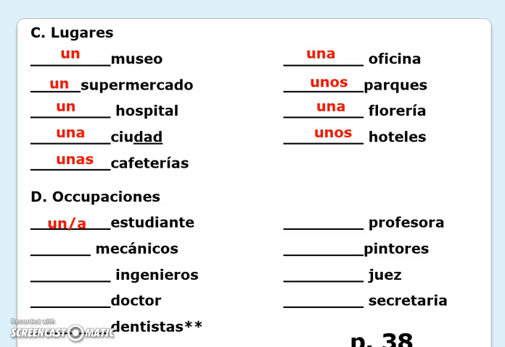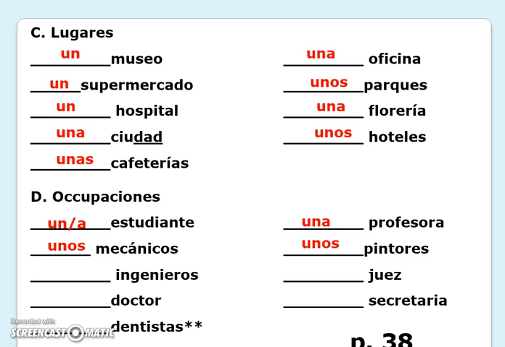All right, un or una works for estudiante because remember, if a noun ends in an E, it can be masculine or feminine if it refers to a person. And of course, estudiante means student. So a boy student would be un estudiante. A girl student would be una estudiante. Una profesora. Unos mecánicos.